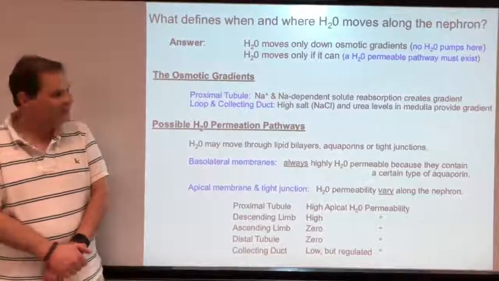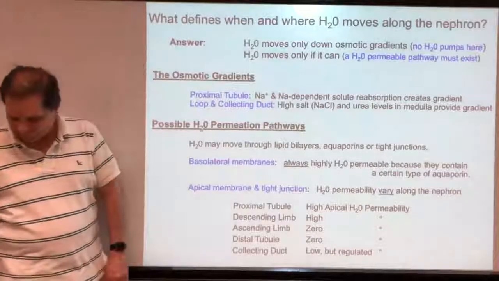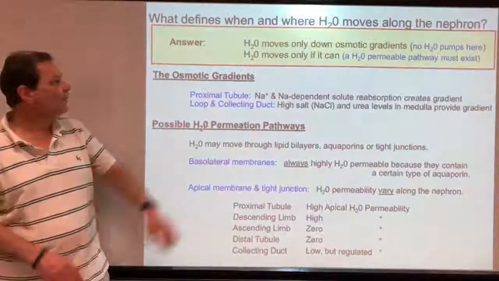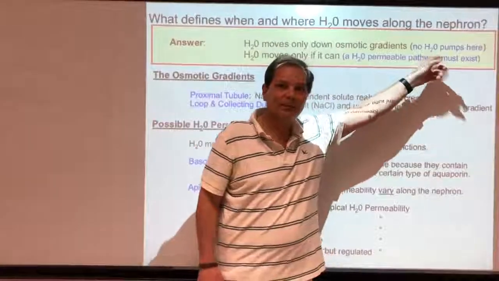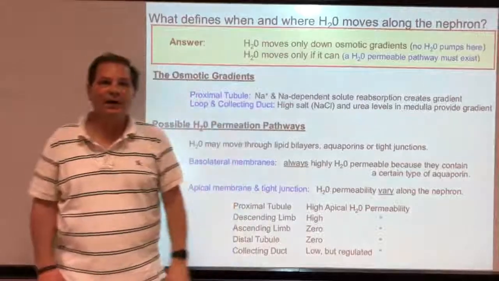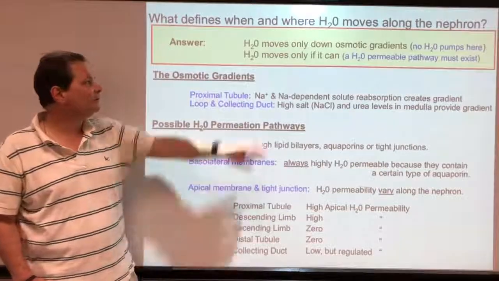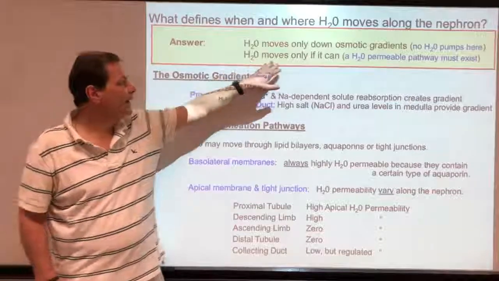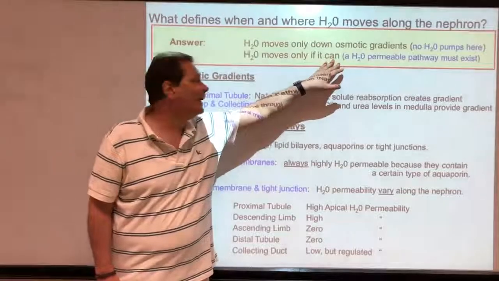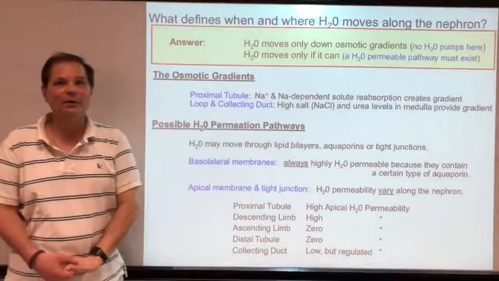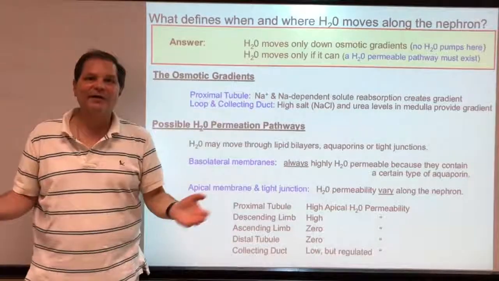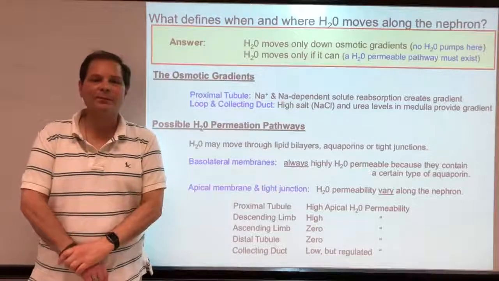All right. So, what defines when water moves? Water will move down an osmotic gradient. There's no such thing as a water pump, okay? So you need water moving from high concentration to low concentration, and water moves only if it can, which means it only moves in segments of the nephron which are water permeable. You know the vast majority of the cells in the body are water permeable.